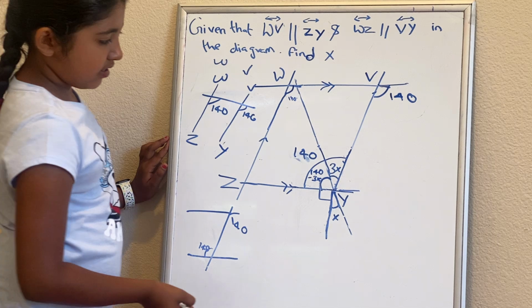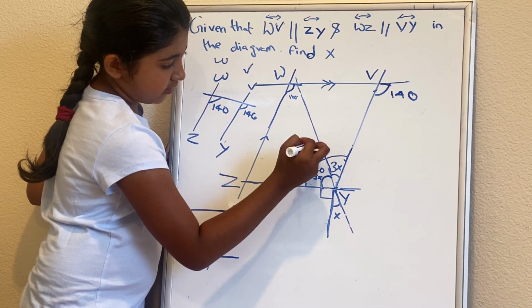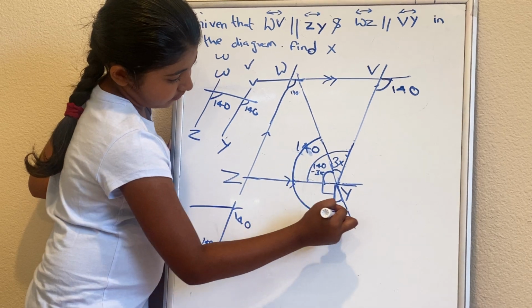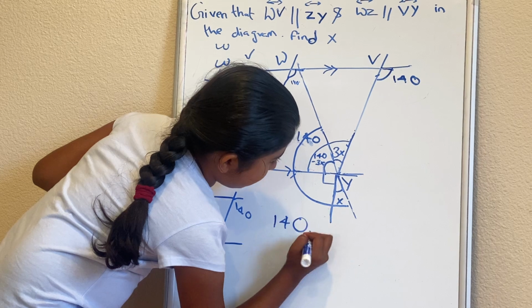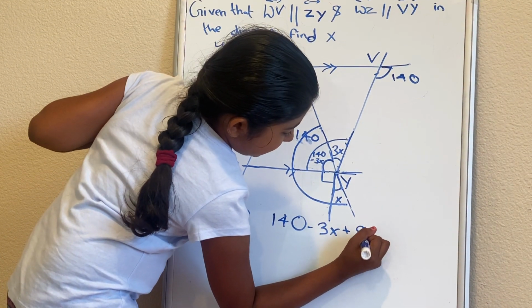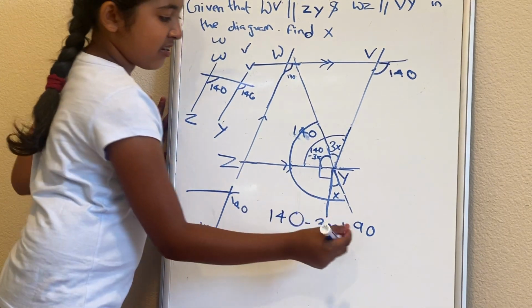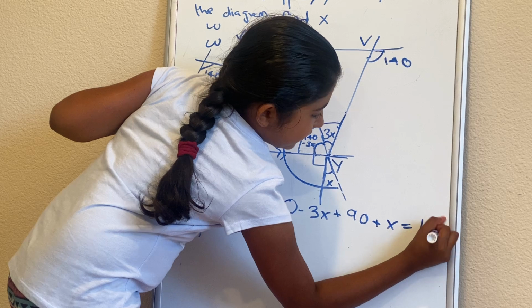I can see that there's a 180 degree here. So I'm going to do 140 minus 3x plus 90, since this is 90 degrees, plus x, which equals 180.